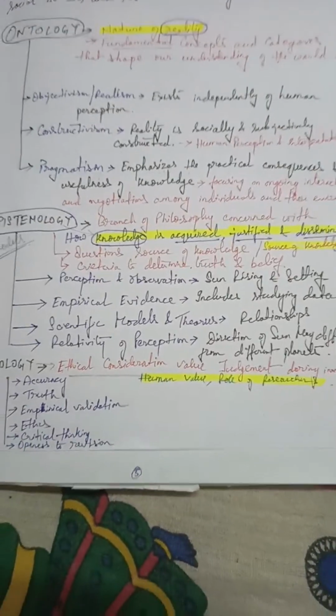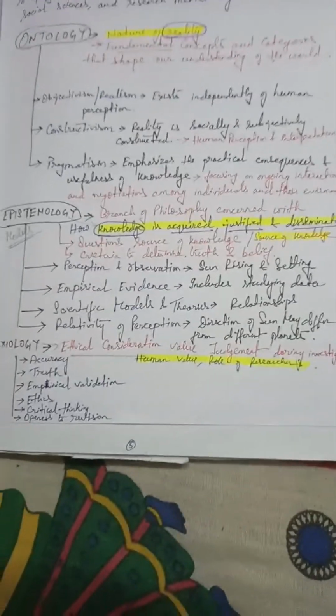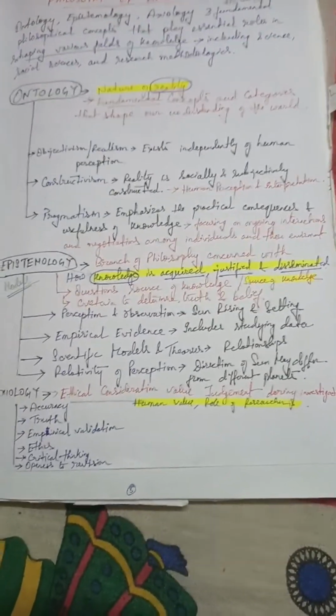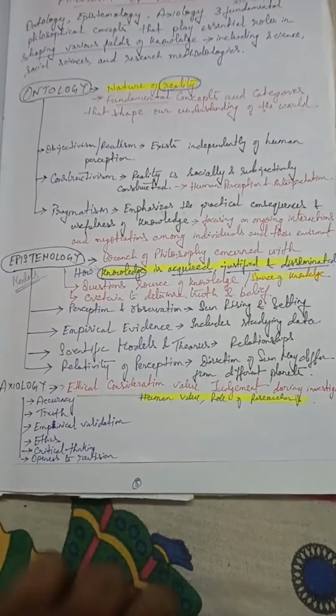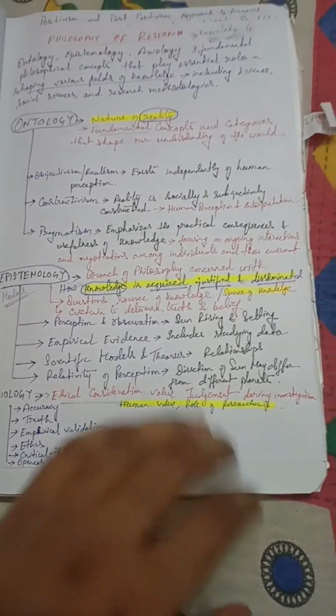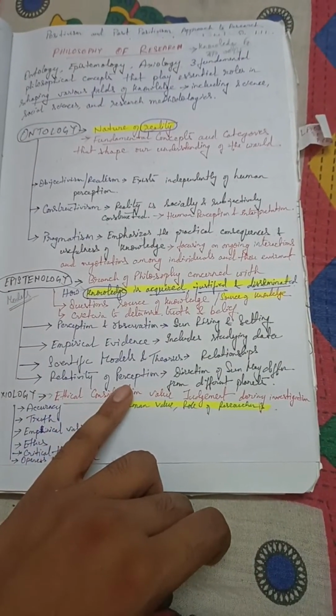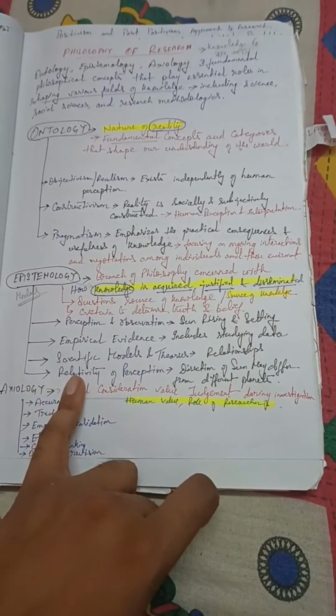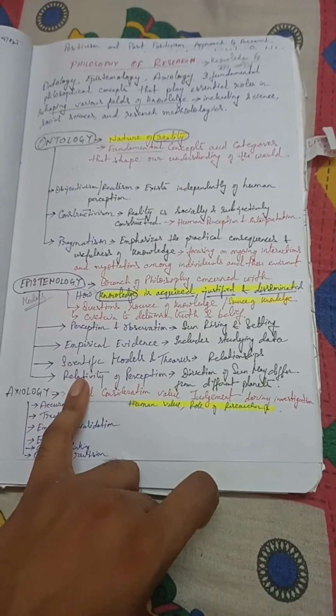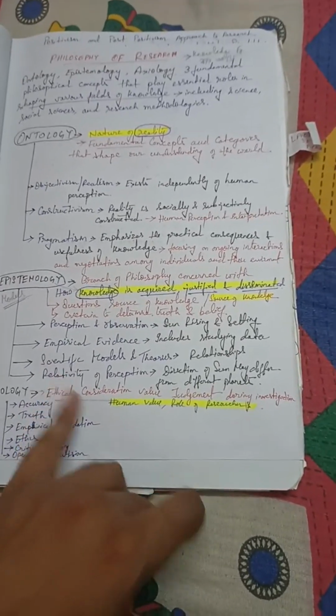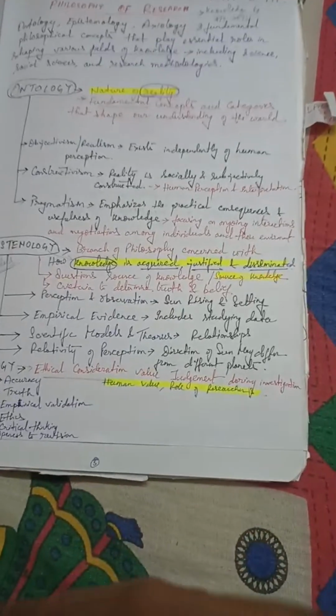I have already discussed what empirical is: based on real life experience. And epistemology deals with empirical experience, empirical evidences. Scientific models and theories are part of epistemology. It states the relativity of perception. When we are talking about relativity, that means we are comparing something. We are taking some base, and on the base, how knowledge is acquired.